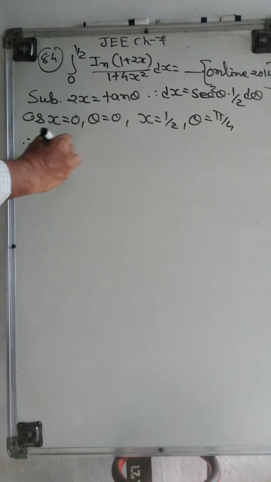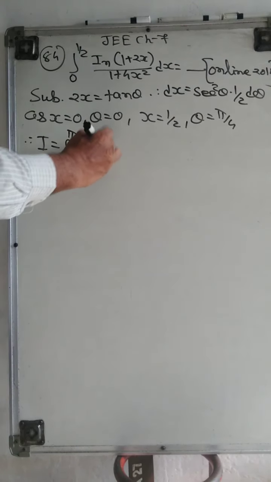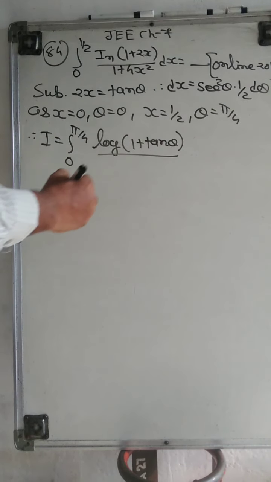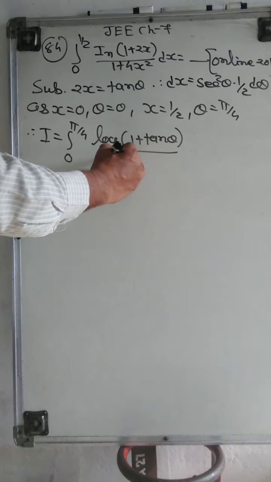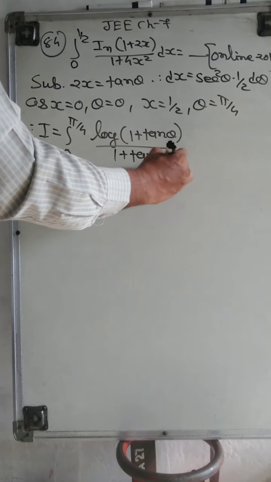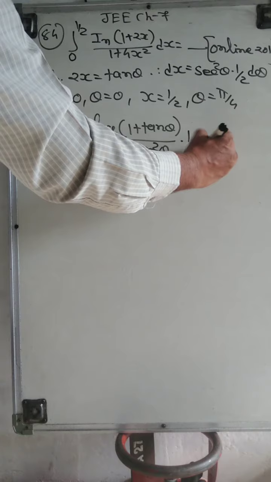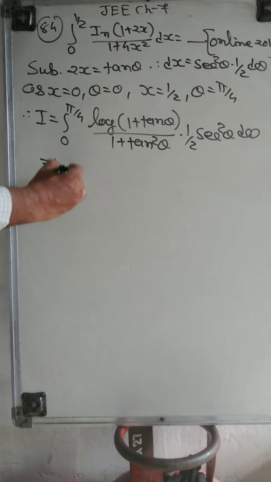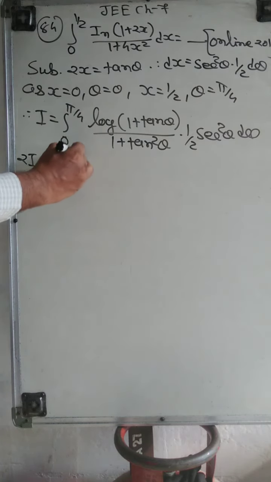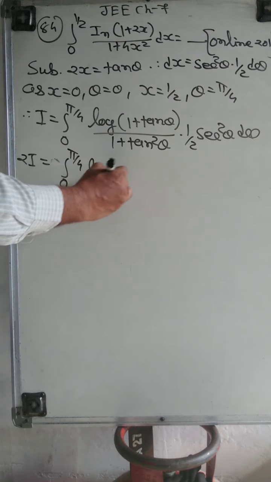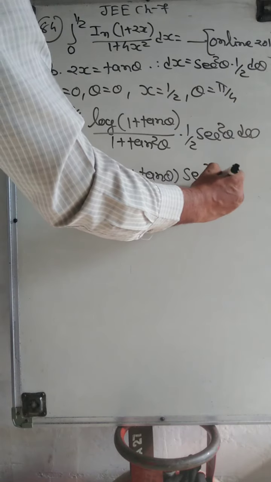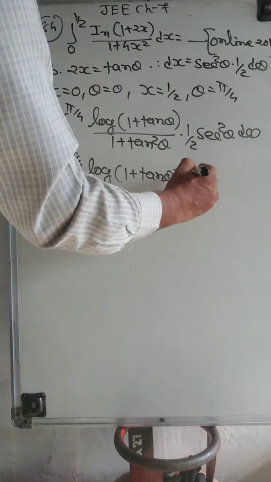Therefore, I equal to integration 0 to pi by 4, log(1 plus tan theta) upon (1 plus tan square theta), into 1 by 2 sec square theta d theta. The sec square and 1 plus tan square are removed, with 1 by 2, or we directly put 2I as integration 0 to pi by 4 log(1 plus tan theta) d theta.